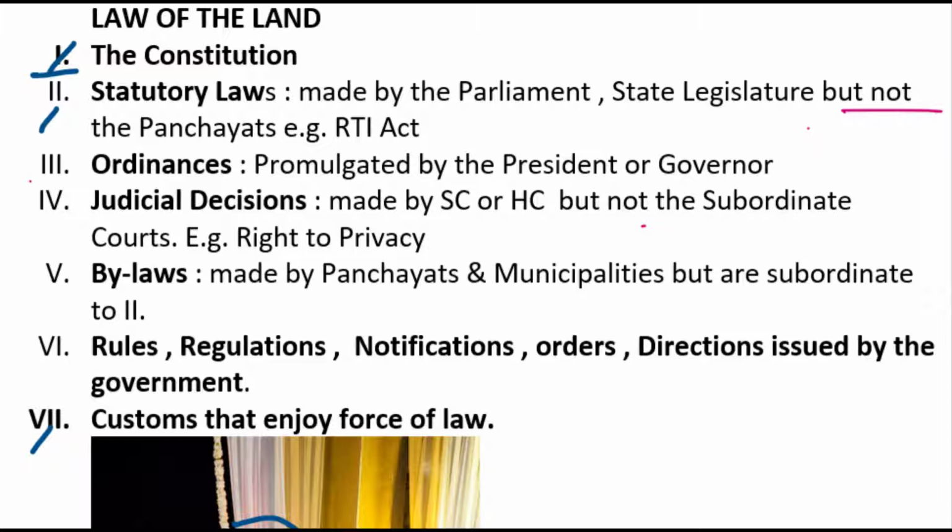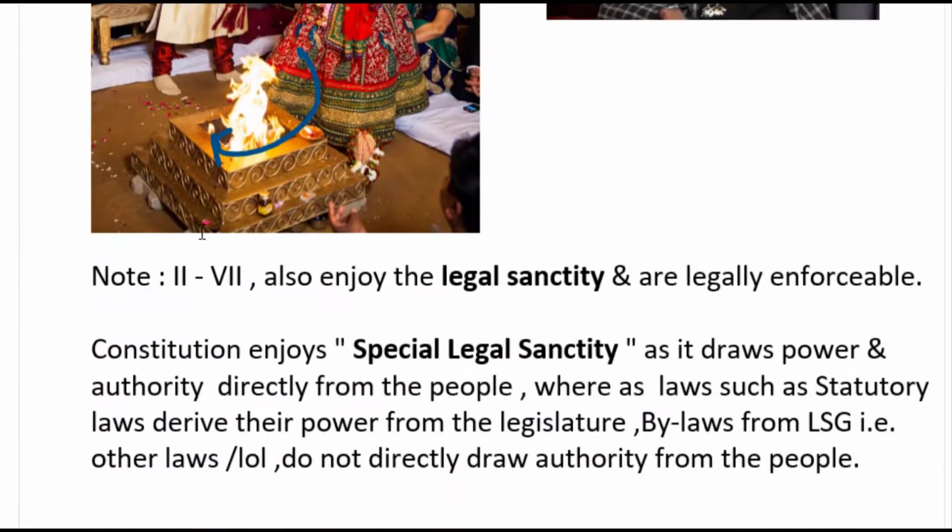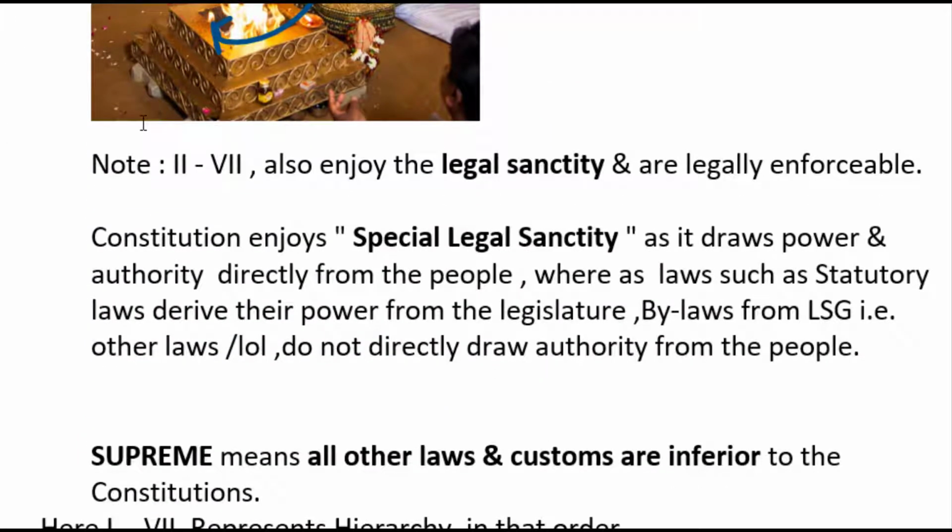And this is what we mean by saying that the constitution enjoys a special legal sanctity, whereas all other laws enjoy legal sanctity. See, all other laws are legally enforceable, whereas the constitution is especially enforceable. Therefore, in order to be enforced, the other laws must be in conformity with the constitution.